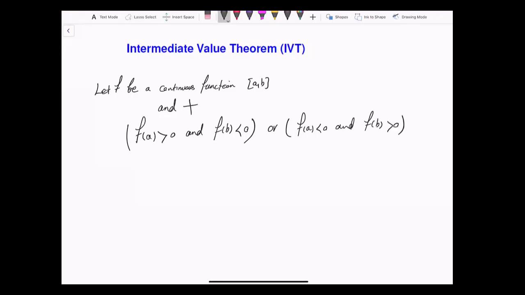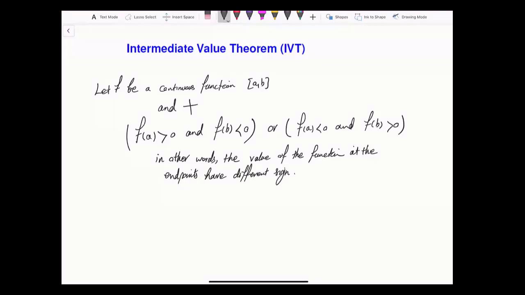In other words, the value of the function at the endpoints have a different sign. One is positive, the other one is negative.